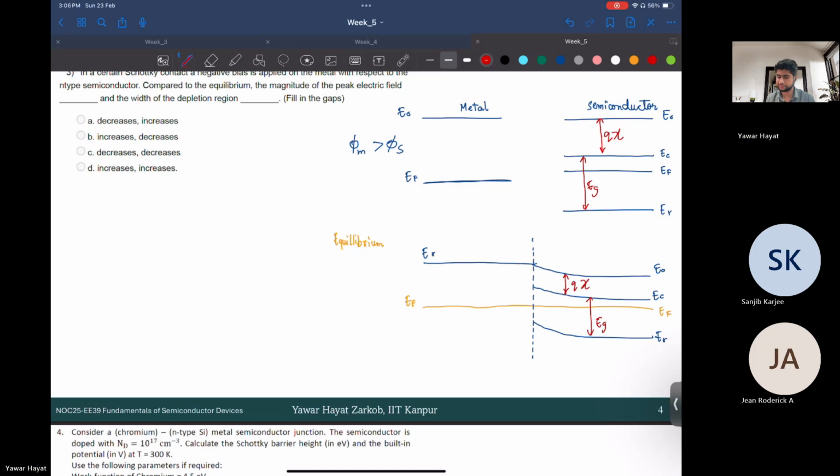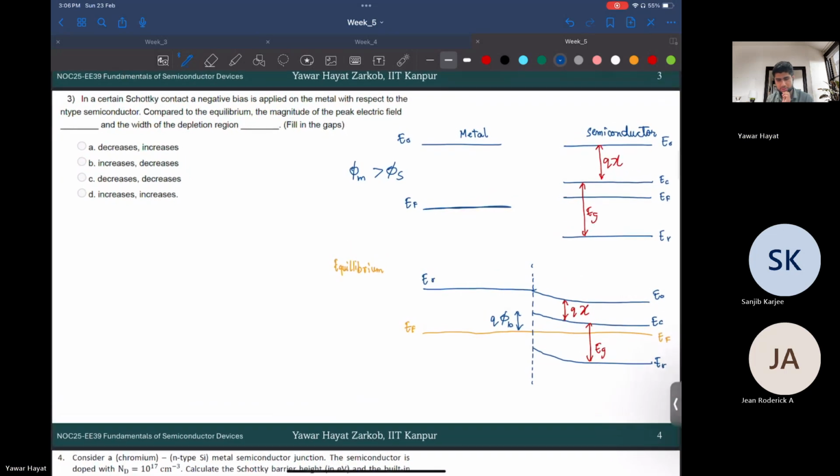Q chi. And then we have this quantity of interest, which we need to find here: q phi b. From the band diagram, q phi b would be equal to q phi m minus this q chi. That is your q phi b.